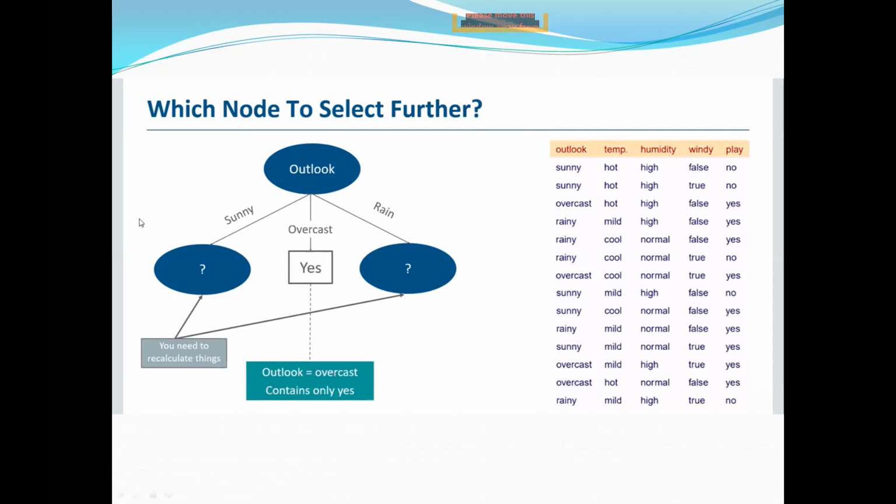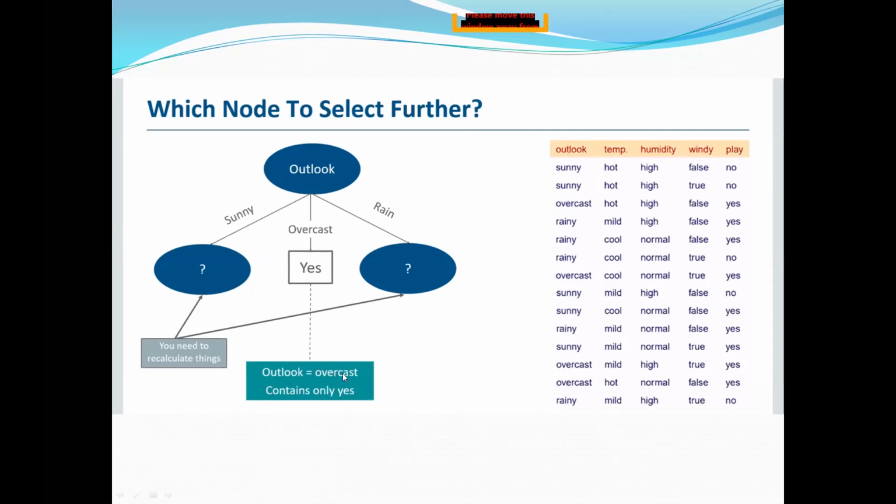Under sunny, we have a non-homogeneous set, as I already showed in the initial stage. But in overcast, we have only a homogeneous set, which is yes. The target value is yes. So when the outlook is overcast, we take the decision: yes, the player is going to play.